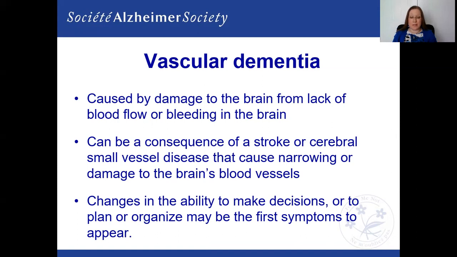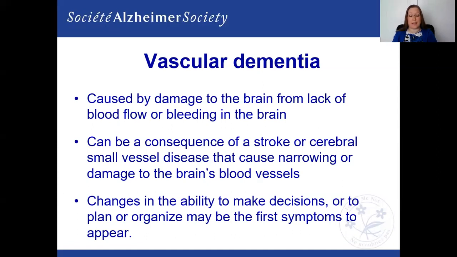And as a result of that, the affected cells can die off. Now, the location and the size of the brain cell death that's occurring really determines how the thinking and the physical functioning of the individual will be affected.